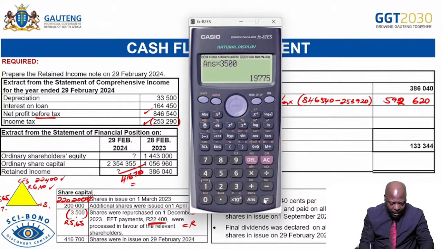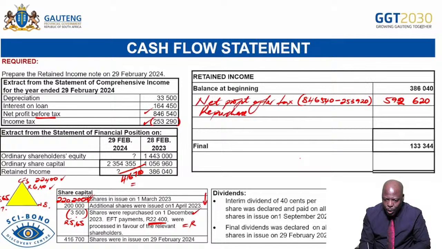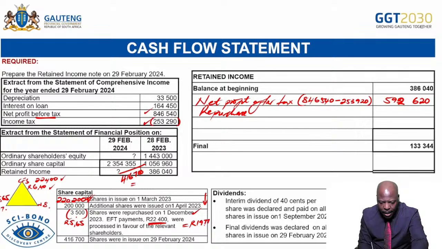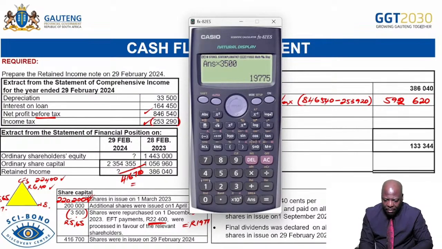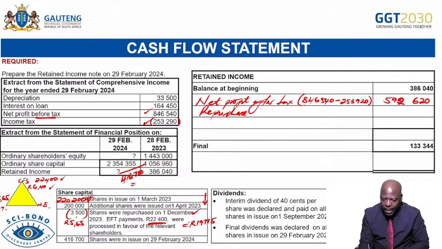And that will give me 19,775. So I can come here and say, this is the first way in which one could have done it.